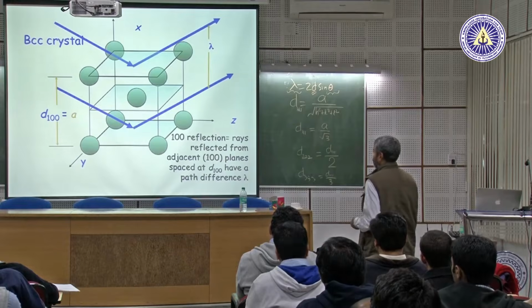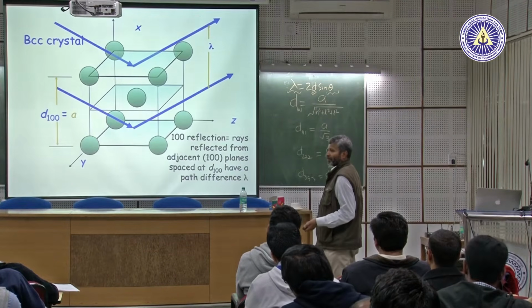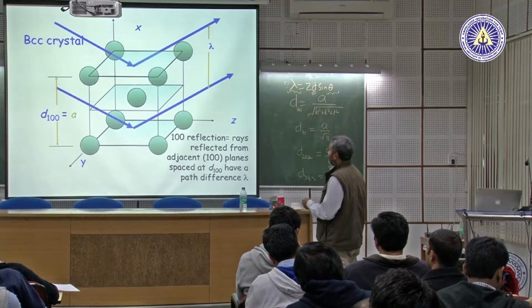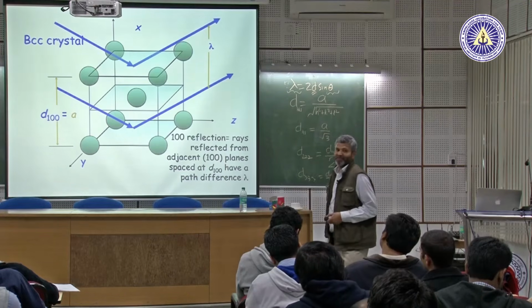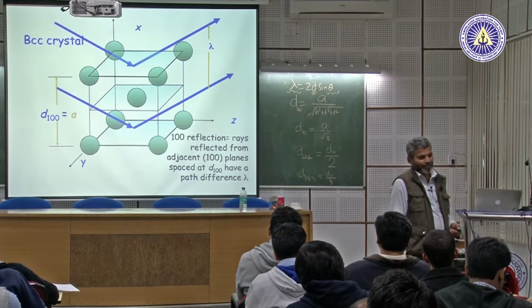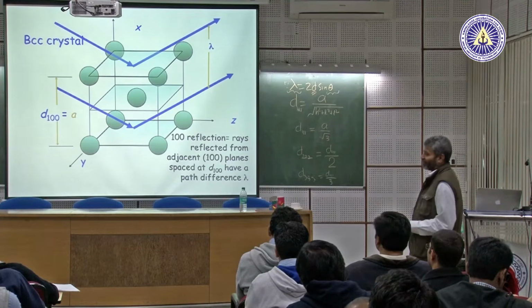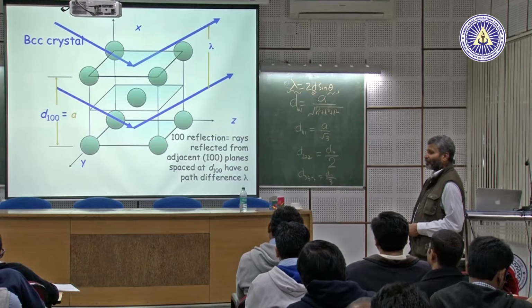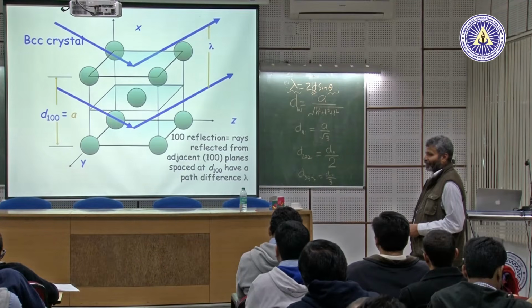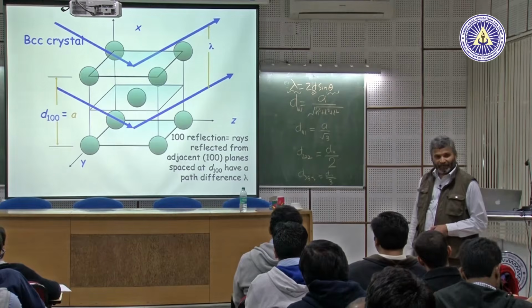If that is so, and if it was simple cubic, then I will get 100 reflection, everything constructive. But if it is body centered cubic, then there is a central atom. Okay. And just because in my drawing I have not drawn a blue arrow to the central atom, in an actual X-ray experiment this will not happen. The X-ray beam will travel and this central atom will also see it.